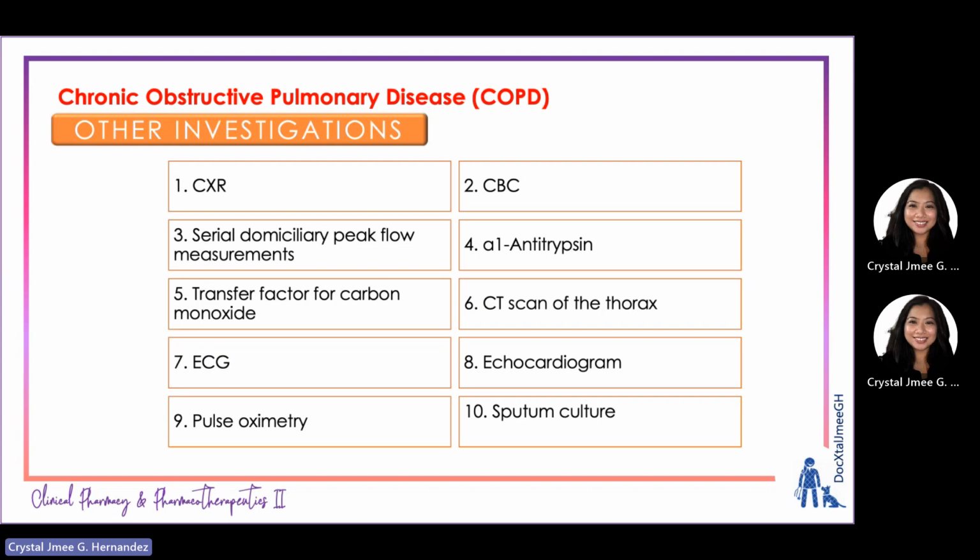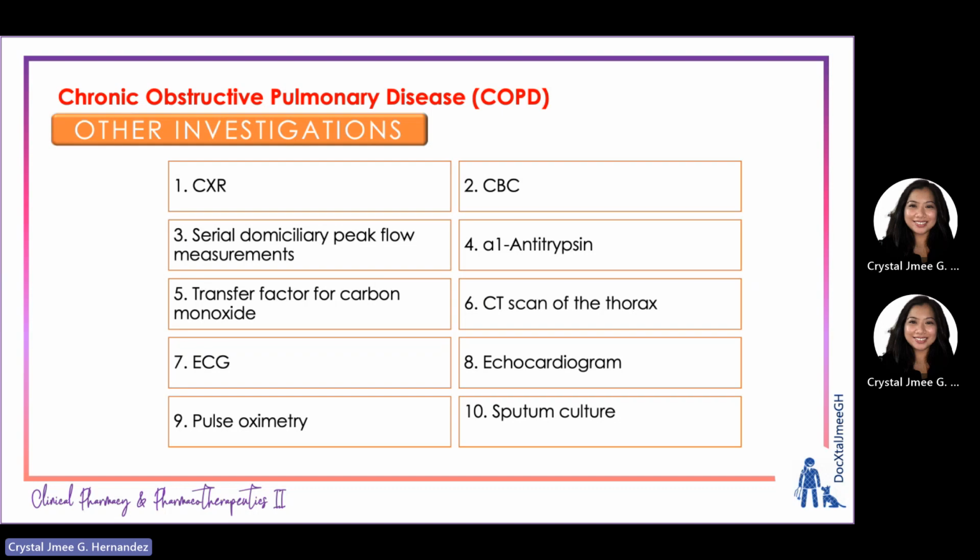Number 6 is CT scan of the thorax. This is to investigate symptoms again that are disproportionate to the spirometric results, and also if there are abnormalities seen in the chest X-ray, to validate.